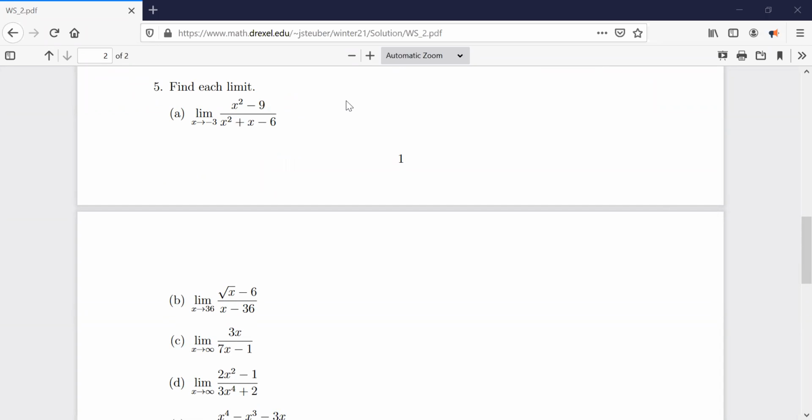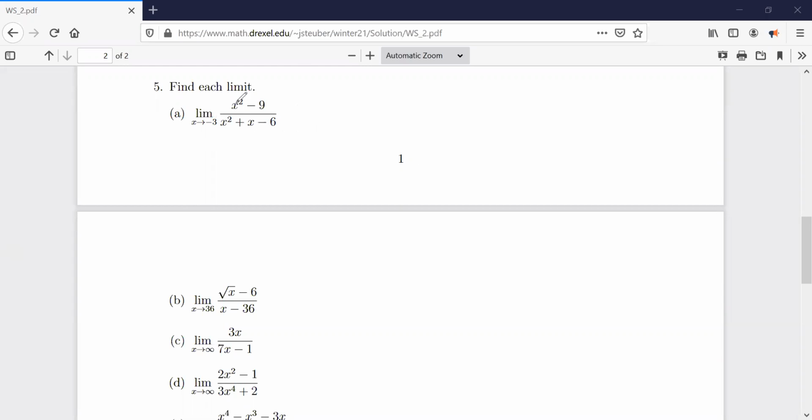So find the limit of these as x approaches -3. What should be your first instinct for this? Your first instinct should be to check if I can actually plug in -3. And if I can, then cool, my job is done.